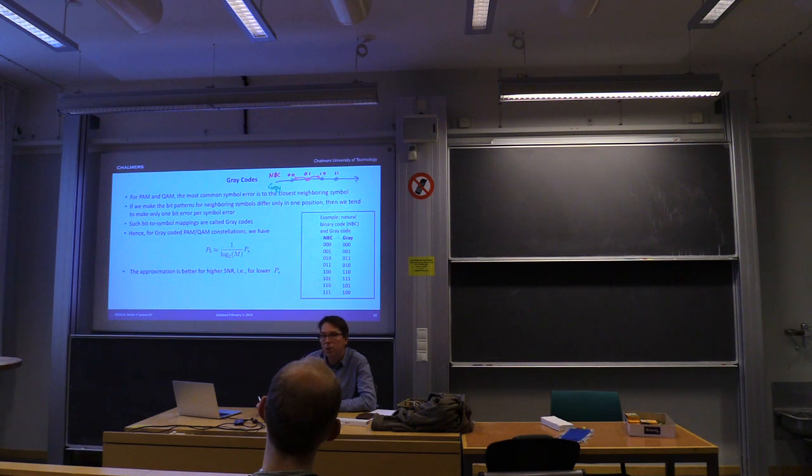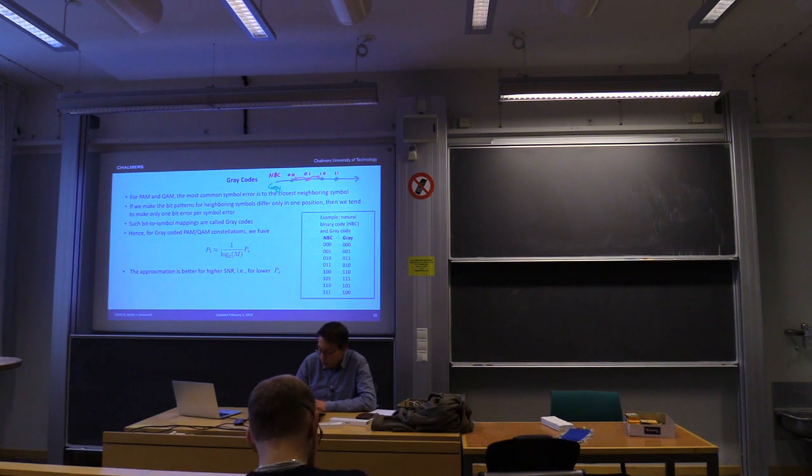How many bit errors do I make when I move from the middle to here? Well, I make 1 bit error here, but I make 2 bit errors when I go there. You see that? And 2 is the maximum number of errors I can make for this very simple constellation.